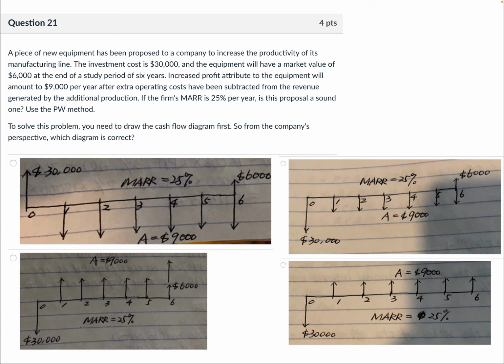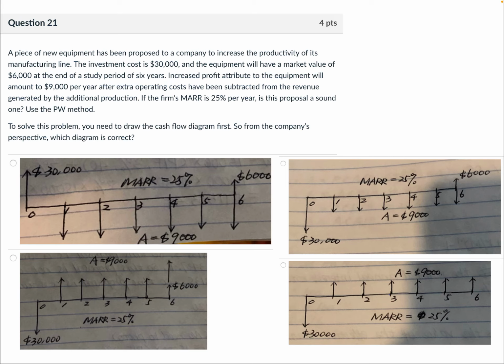Okay, this is a new problem. A piece of new equipment has been proposed to a company to increase the productivity of its manufacturing line. So this is one single project, and you're going to decide if it's a sound project or not. The investment cost is 30,000. That's the initial investment. And the equipment will have a market value of 6,000 at the end of a study period of 6 years.